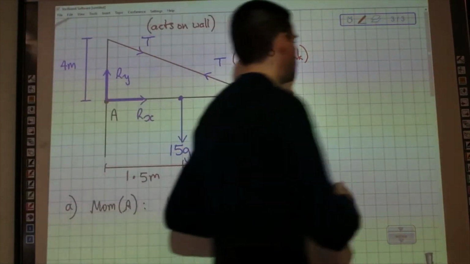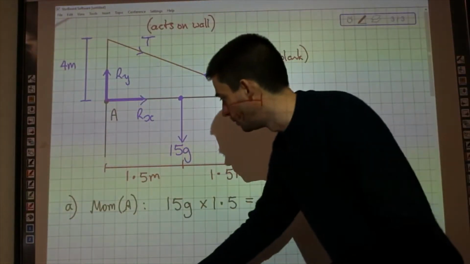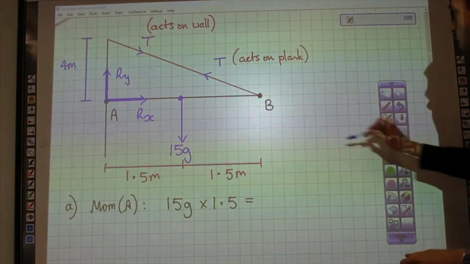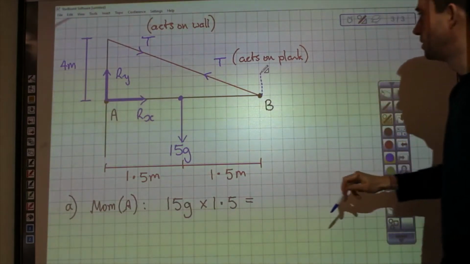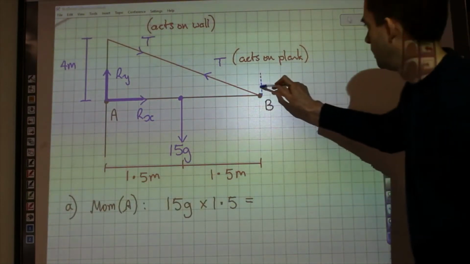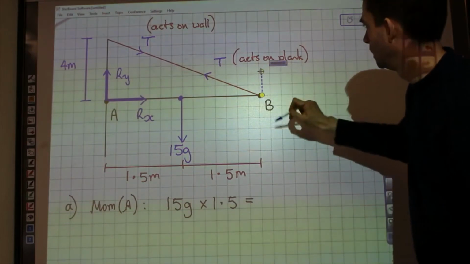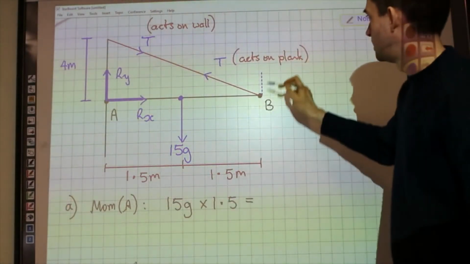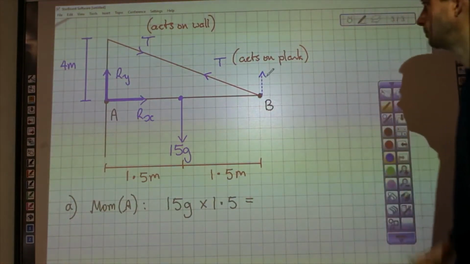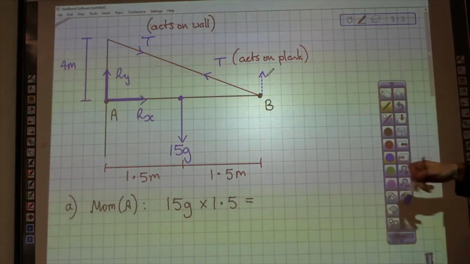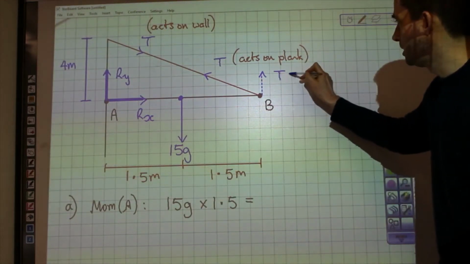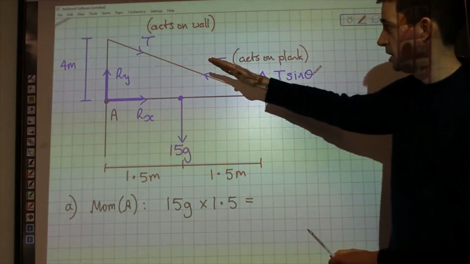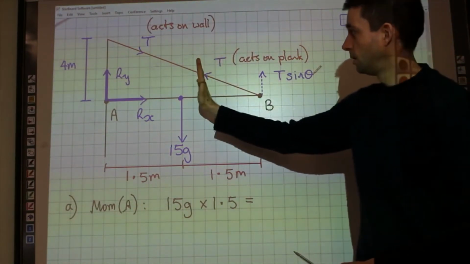So what I'm actually going to do, which is a little bit different to how I've done it before, is consider the magnitude of the vertical component of the tension, which is going to be T sine theta, because T would be the hypotenuse, opposite, so it's sine.